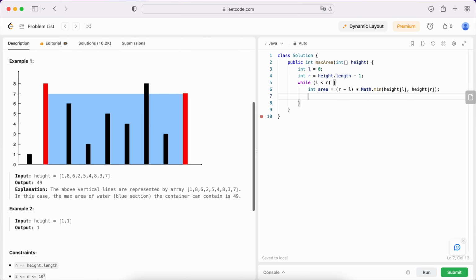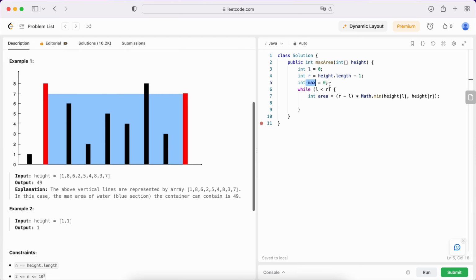Before the loop, we need to create the variable max, and it will be equal to 0, because the minimum area of containing water is 0.